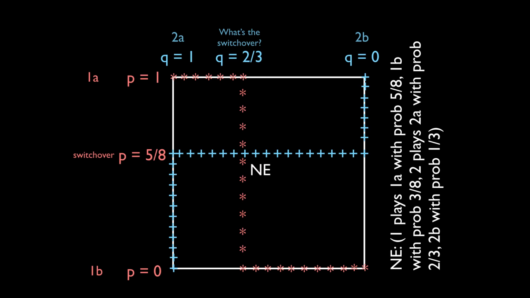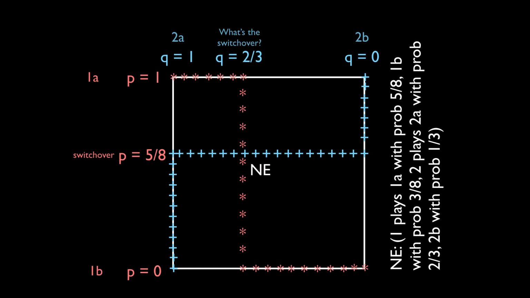However, sometimes people do abbreviate and say something like 5/8 1A, 3/8 1B.